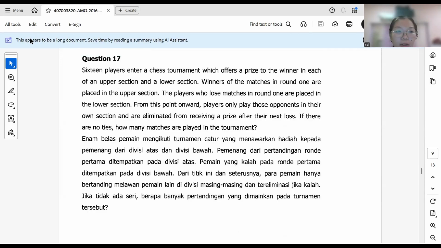Okay. For this one, 16 players enter a chess tournament which offers a prize to the winner in each section. We draw. There are 16 players. Winners of the matches in round 1 are placed in the upper section. The players who lose matches in round 1 are placed in the lower section.